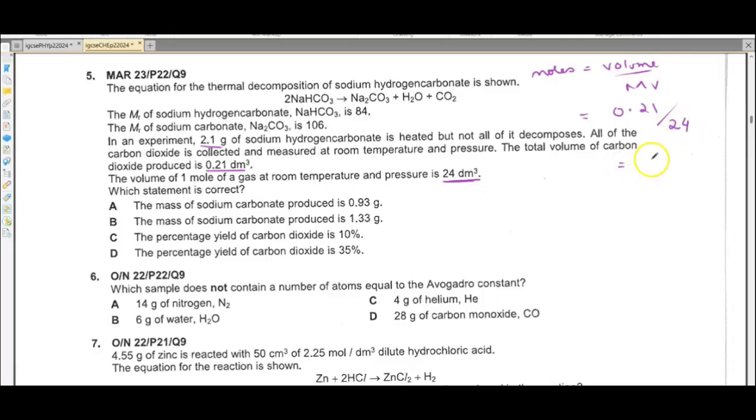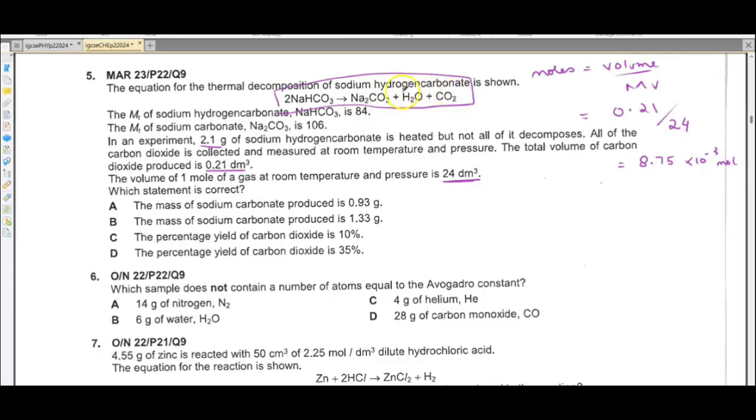So this is going to give us 8.75 into 10 raised to the power minus 3 moles. Once we have these moles, I told you that this is the best friend while solving these questions. Now we know that 2 moles of NaHCO3 decompose and give 1 mole of Na2CO3, 1 of H2O, and 1 of CO2.